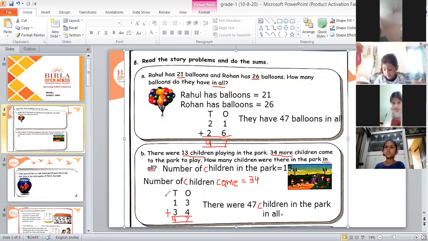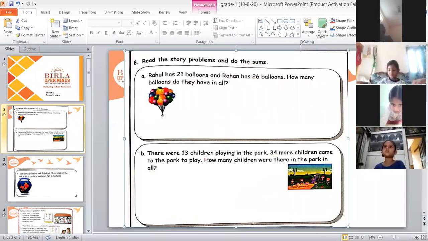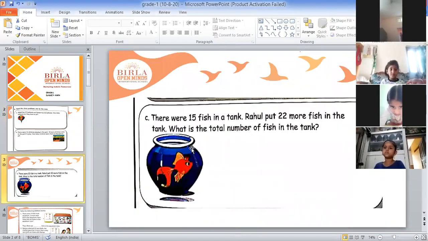Children, I'm clearing this now. Yes, so now the last word problem is left. We'll finish that.